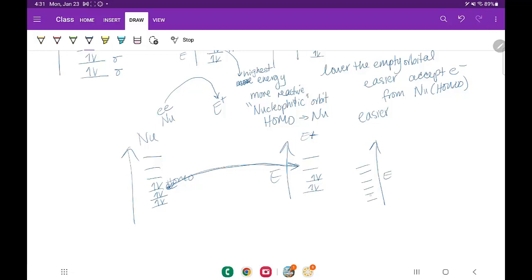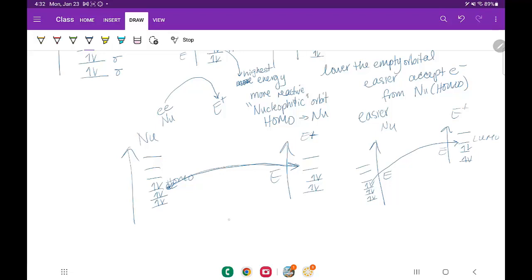But if I had something, again, I'm going to draw an energy diagram. If this is my nucleophile, and I have my electrophile, if my HOMO were to distribute electrons into the LUMO of the electrophile, as the LUMO gets higher and higher in energy compared to where the HOMO is, it's going to become harder.